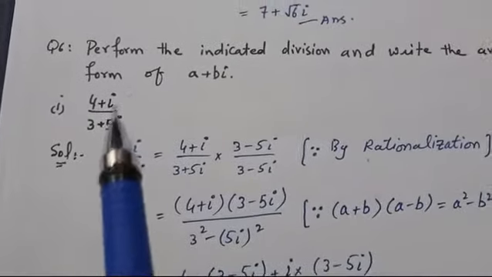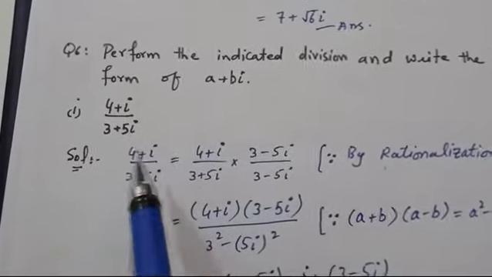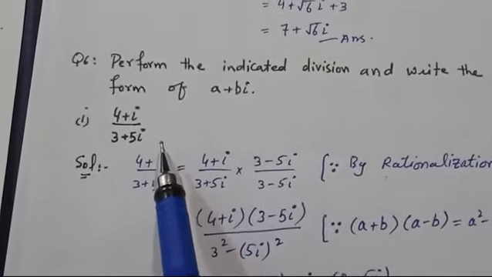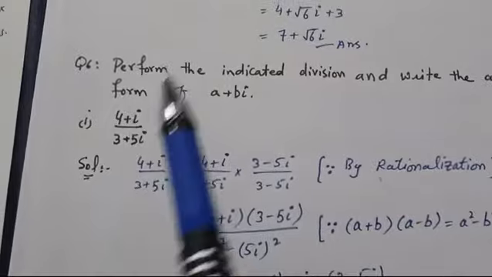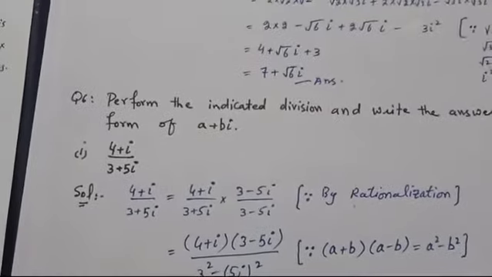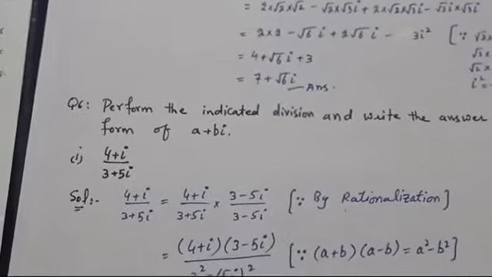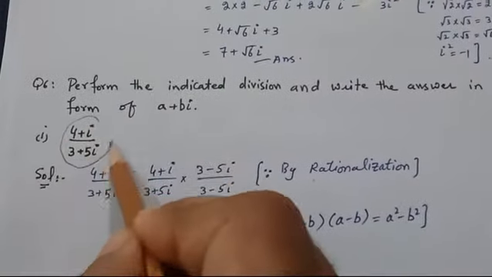Now question number 6, part number 1: 4 plus iota divided by 3 plus 5 iota. So this is the division of two complex numbers. Now you see that this is the quotient form.